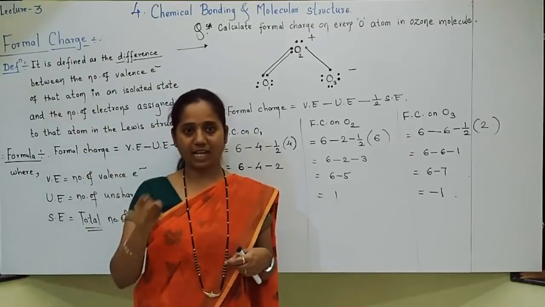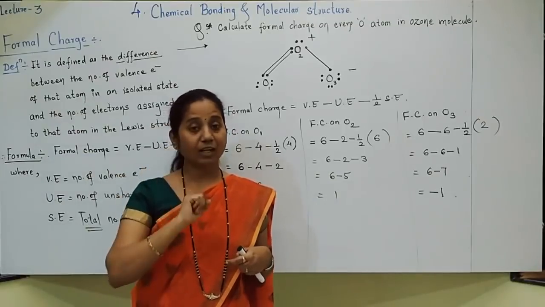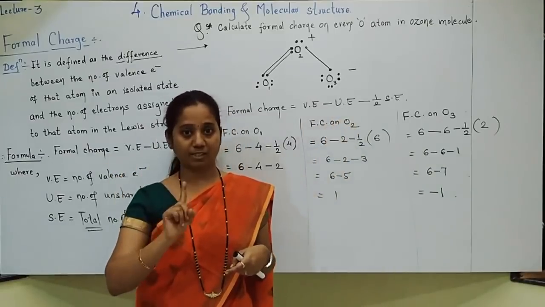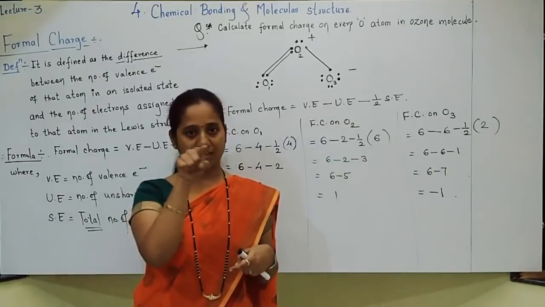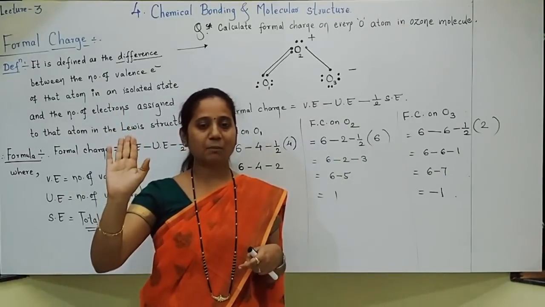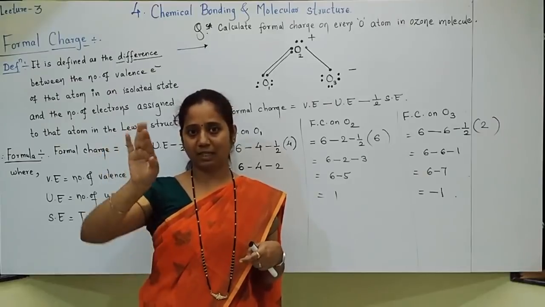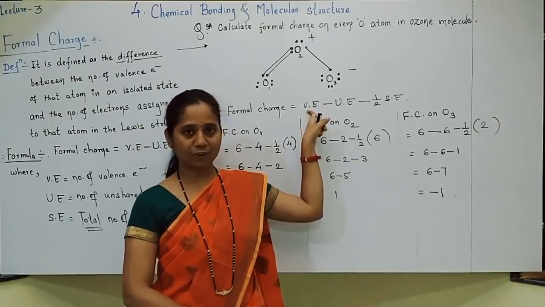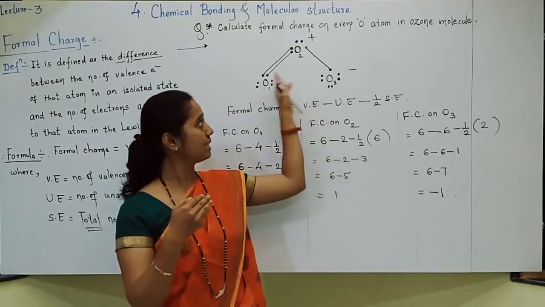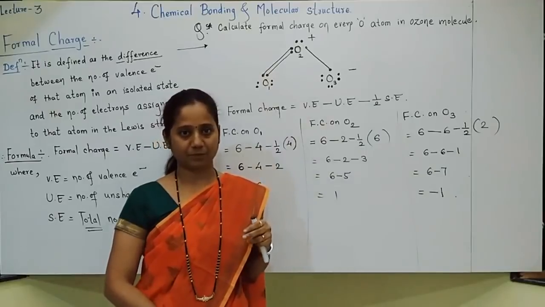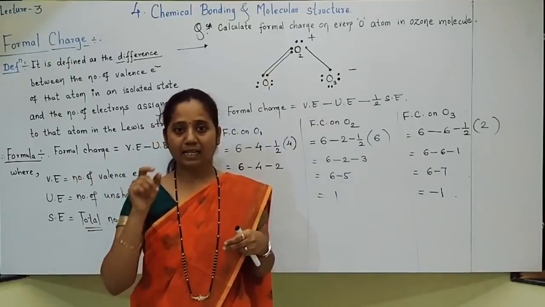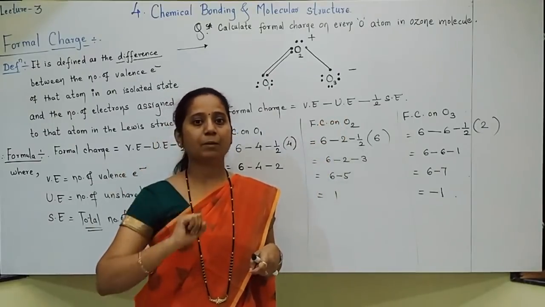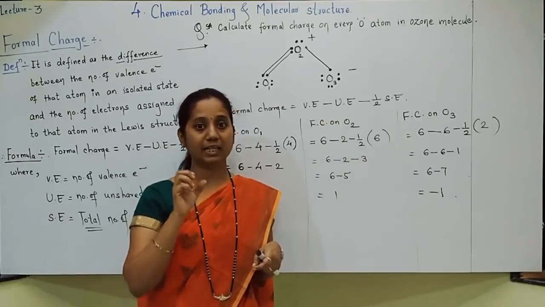Formal charge is defined as the difference between the total number of valence electrons of that atom in the isolated state, and the number of electrons assigned to it in the Lewis dot structure. We consider every atom separately in the isolated state.